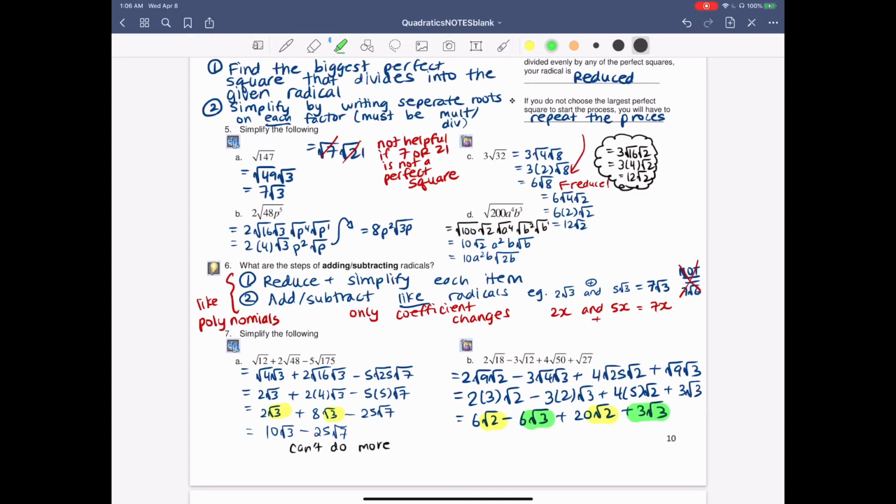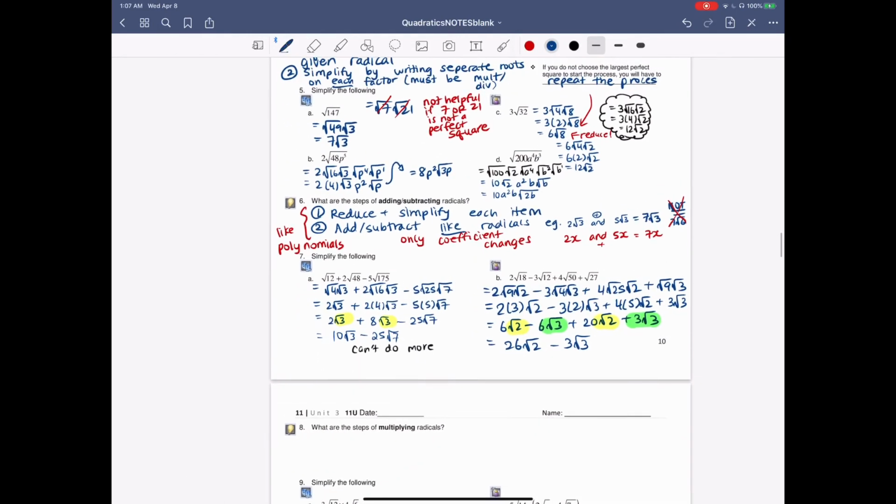Yes, there is. And so I have 6 square root 2 plus 20 square root 2. 20 plus 6 is 26 square root 2. Minus 6 plus 3 square root 3 is minus 3 square root 3. And am I done? Just like before, I can't combine anymore because we're dealing with 2 different radicals.